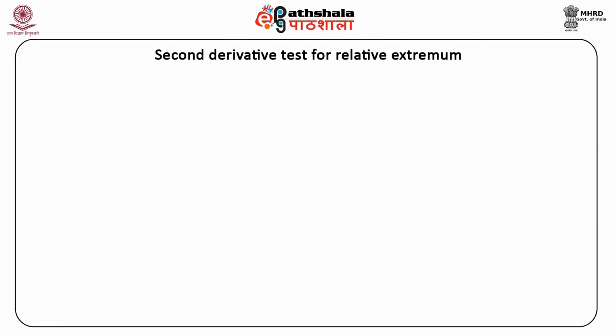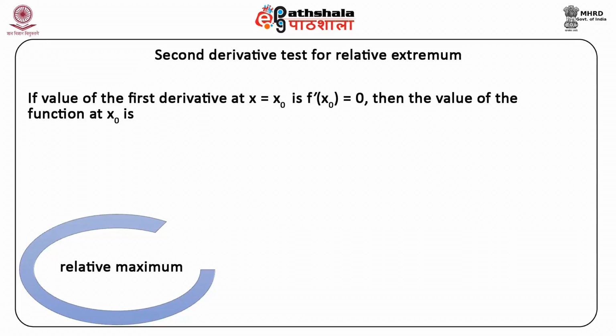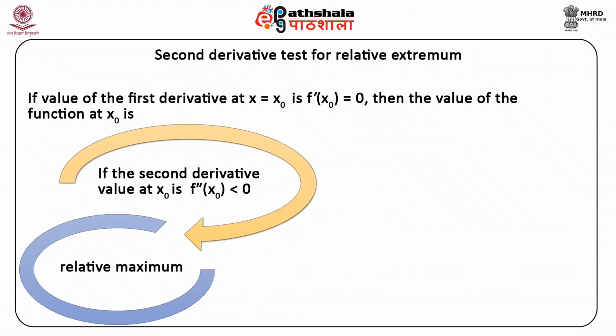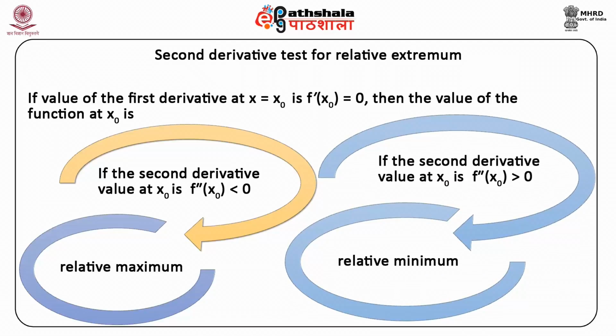Second derivative test for relative extremum: if the value of the first derivative of a function f at x0 is f'(x0) = 0, then the value of the function at x0, that is f(x0), will be a relative maximum if the second derivative value at x0, f''(x0), is less than 0, and a relative minimum if f''(x0) is greater than 0.